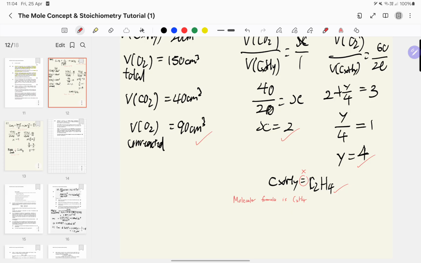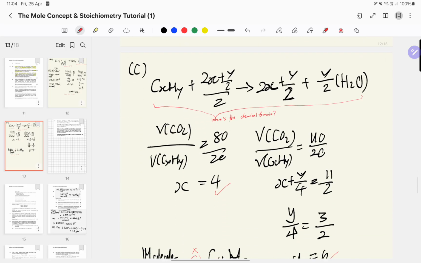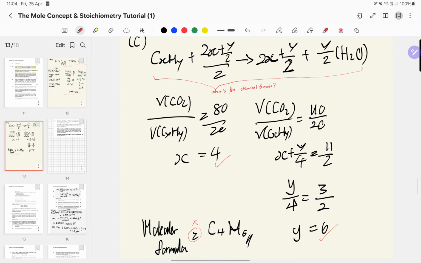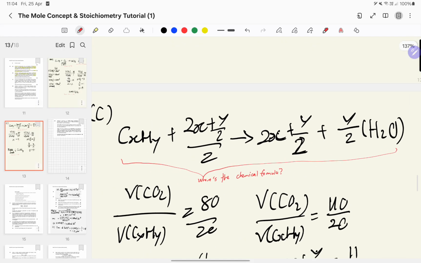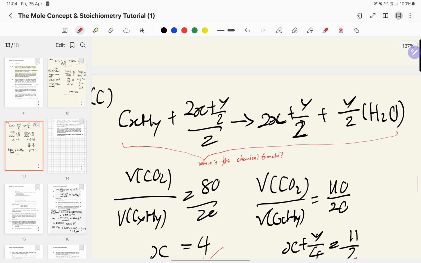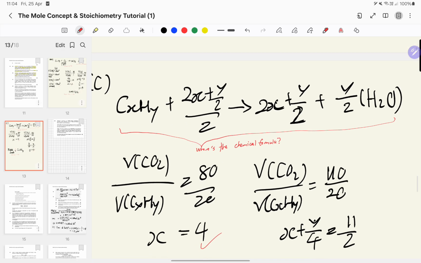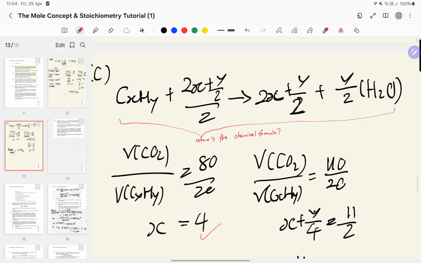You use an equal sign only when you're talking about numbers and not chemical formulas. So you should write a sentence telling me that the molecular formula is a certain molecular formula. And if you want to write a chemical equation, you have to put the chemical formulas and not just some rough working. If not, the examiners would be very confused.